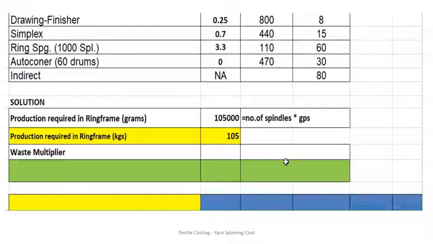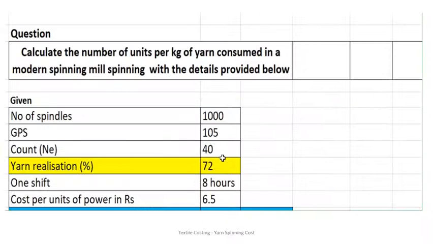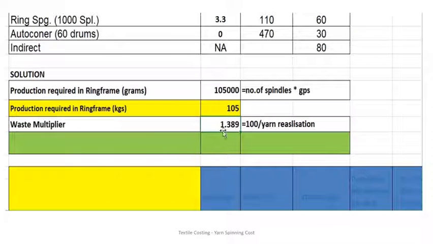So waste multiplier is actually 100 divided by yarn realization. So 100 divided by yarn realization 72, we get 1.382, which is the waste multiplier. Production required in ring frame into waste multiplier, we will get the raw material required to be given as input in mixing.